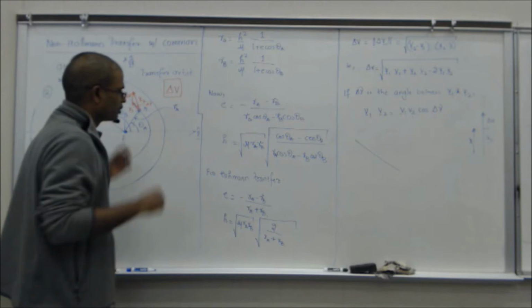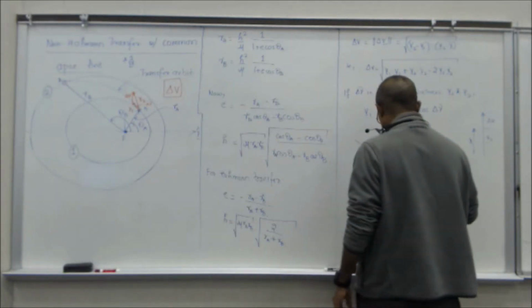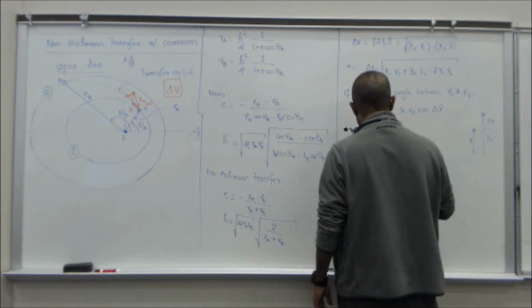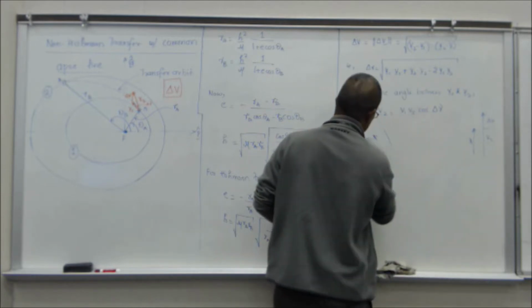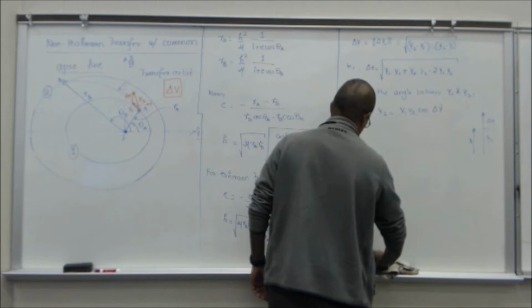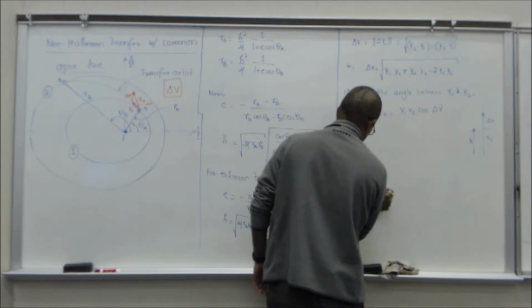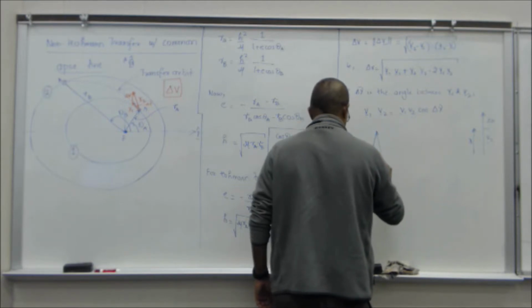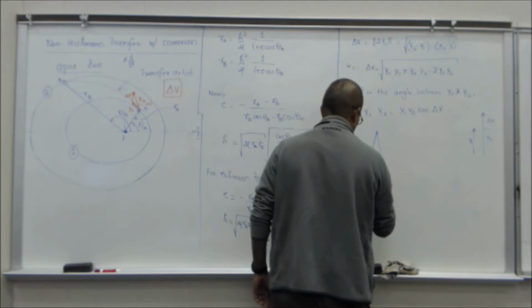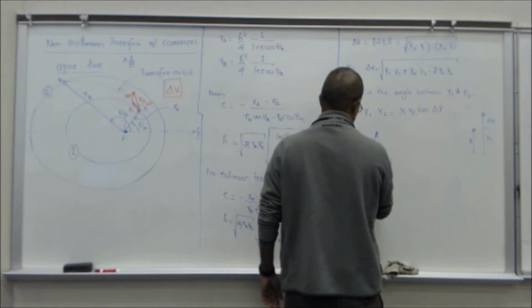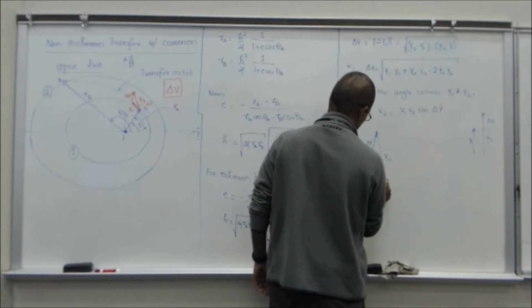Okay? If you want to get into a bigger orbit, then you'll have to change the magnitude and the direction. So if this is your local horizon, and let's say this is V1, so local horizon. So this angle is gamma 1.